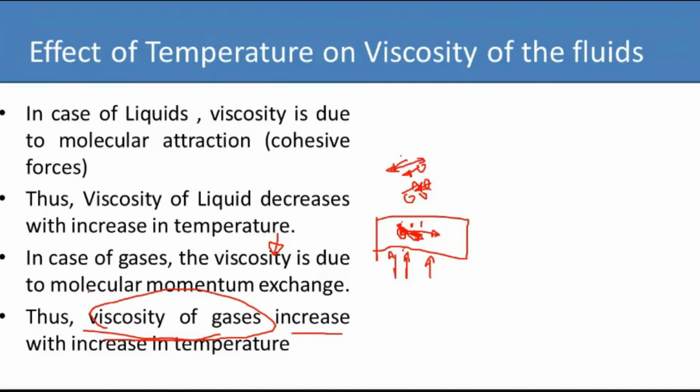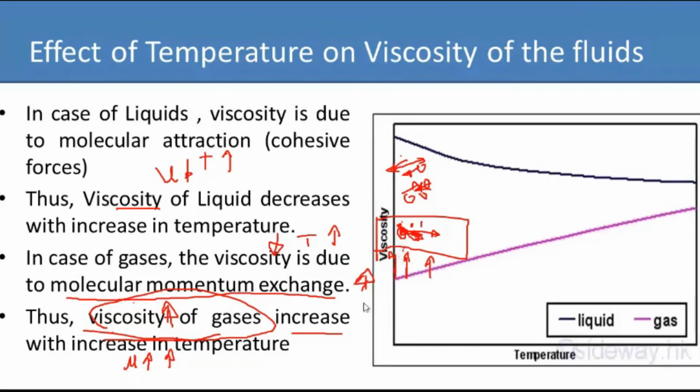Because at higher temperature, molecular momentum exchange will increase. As temperature increases, gas molecules will be excited, and because of that their molecular momentum exchange will increase, and as the molecular momentum exchange increases, the viscosity will increase. So in case of liquid the viscosity mu decreases with increase in temperature, and in case of gases the viscosity mu will increase with increase in temperature.